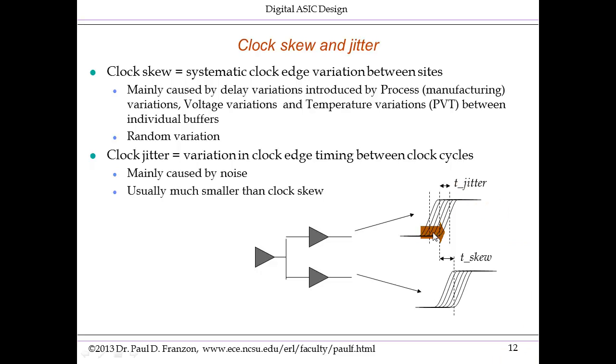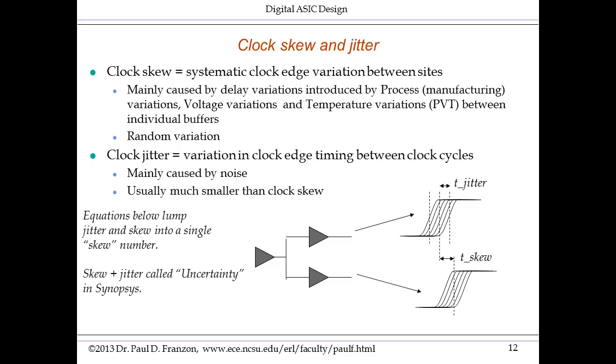So at one particular location, the clocks will arrive at different times, mainly due to noise, particularly noise on the power and ground system, causing very slight changes in the delay of this buffer. This jitter, the variation in time at one particular location, is generally much smaller than clock skew.